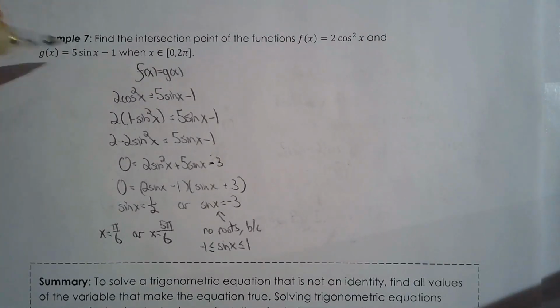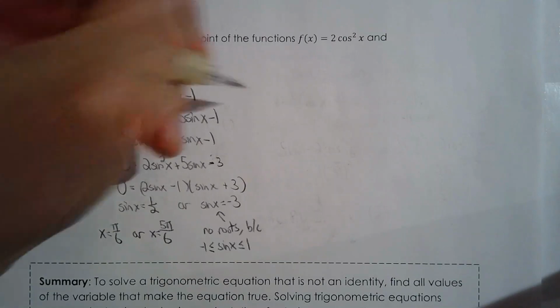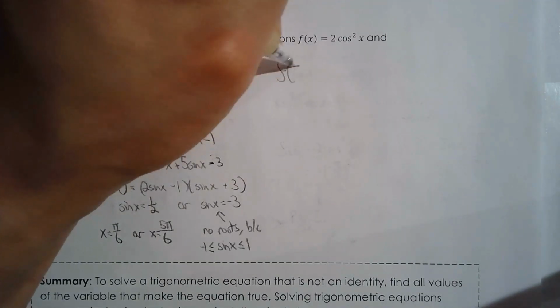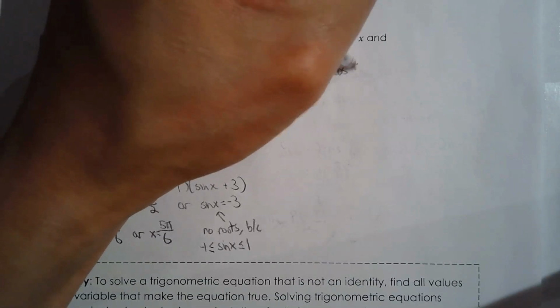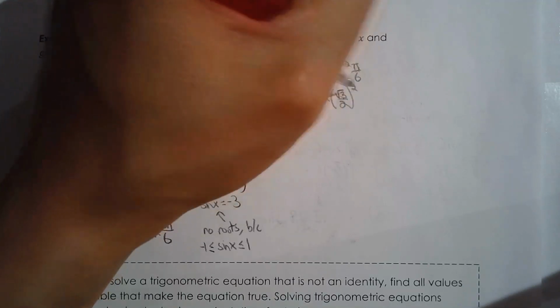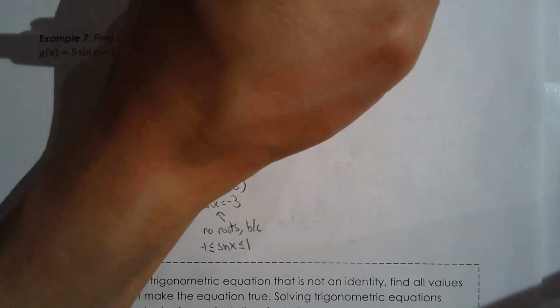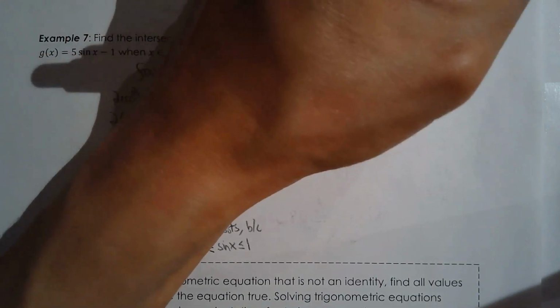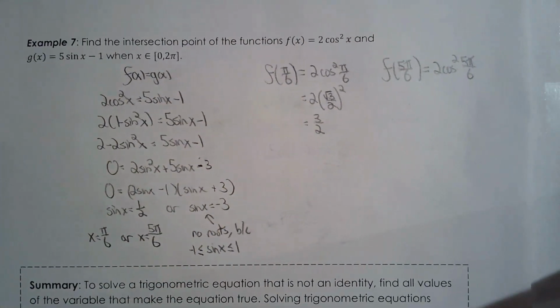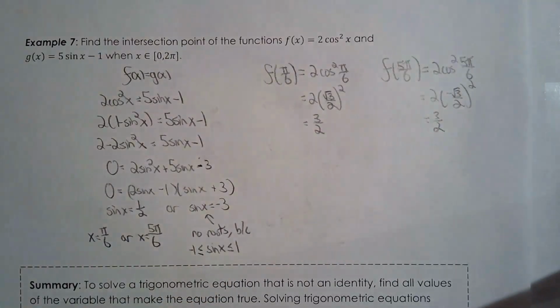Alright, what else? Oh, we have to solve for the point of intersection. So f of pi over 6 is 2 cos squared pi over 6. So this is 2 times root 3 over 2 squared, which is 3 over 2. f of 5 pi over 6 is equal to 2 cos squared 5 pi over 6, which is equal to 2 times negative root 3 over 2 squared, but still 3 over 2.